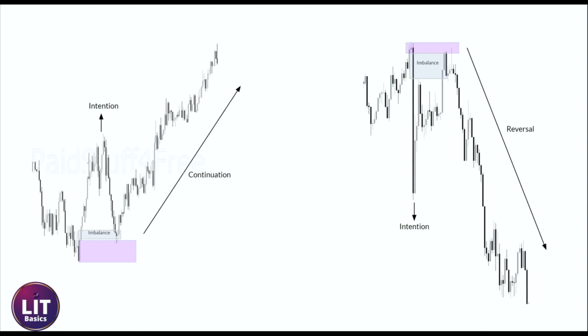We show our intention by pushing away, and then we leave this imbalance as well as this imbalance. We come and fill the full imbalance while also coming into the demand candle and continuing away. Here we leave a huge imbalance with a very nice supply candle, tap back into it, complete the reversal, and continue downwards.